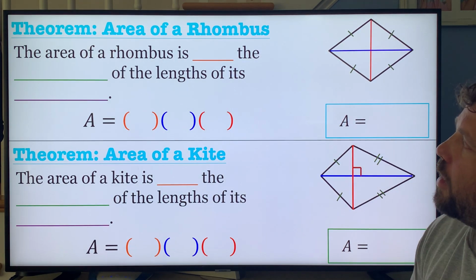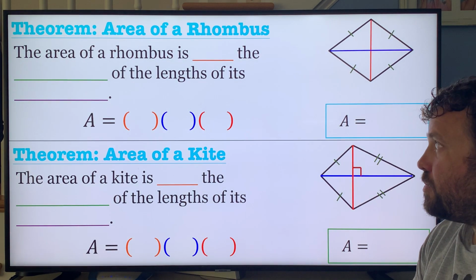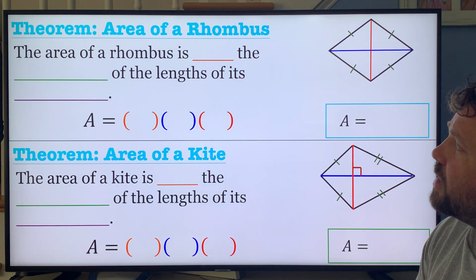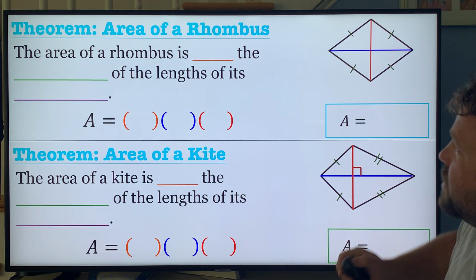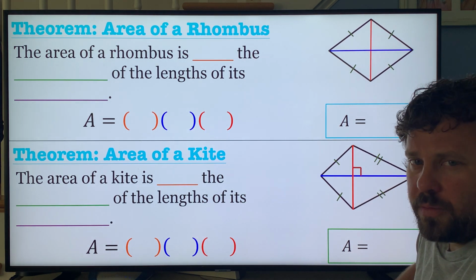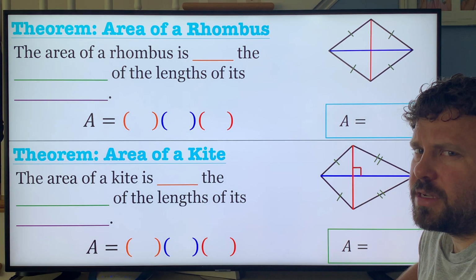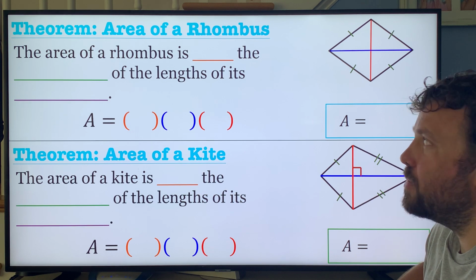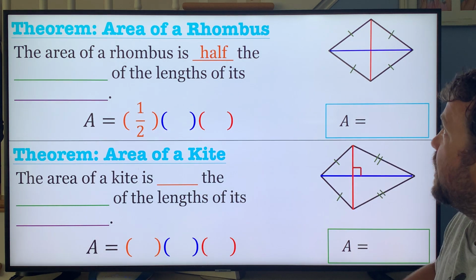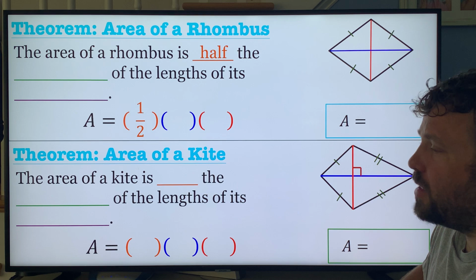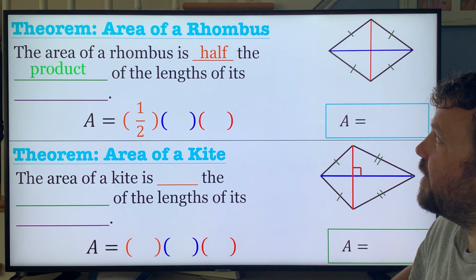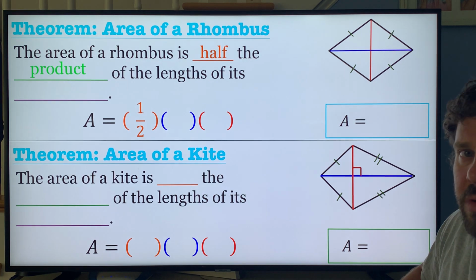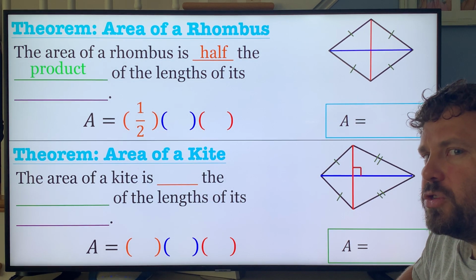All right, area of a rhombus. A rhombus is half the product of the lengths of its diagonals. Why do you think I'm doing all these areas together? Because they're very similar formulas. So it is, once again, half. What are you doing in all these situations? You are multiplying, so it's the product of the lengths of its diagonals, because a rhombus has 2 of them.